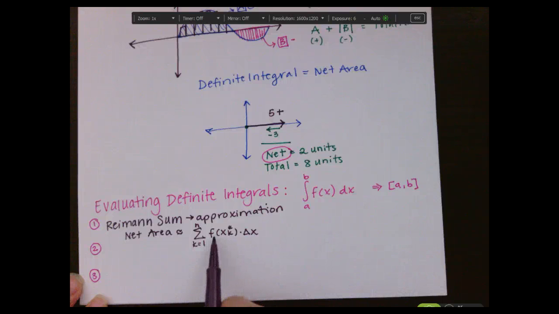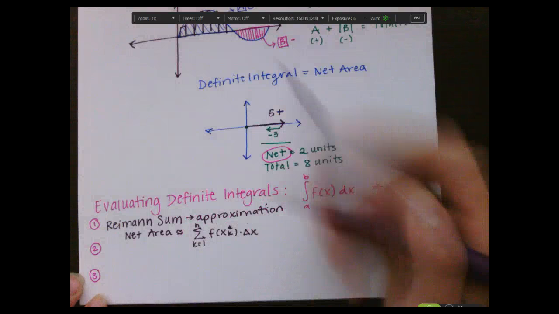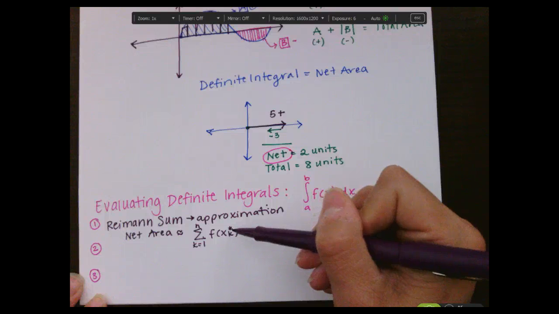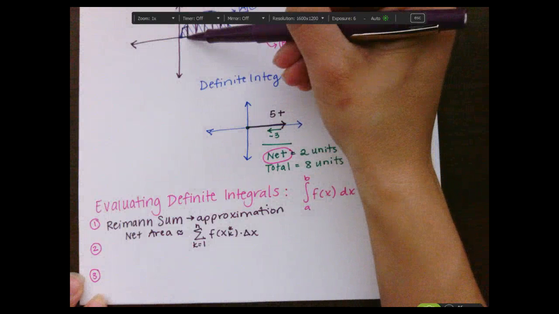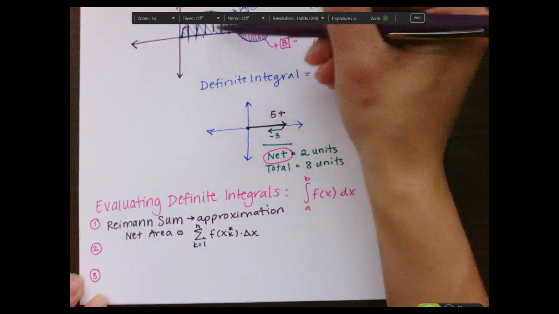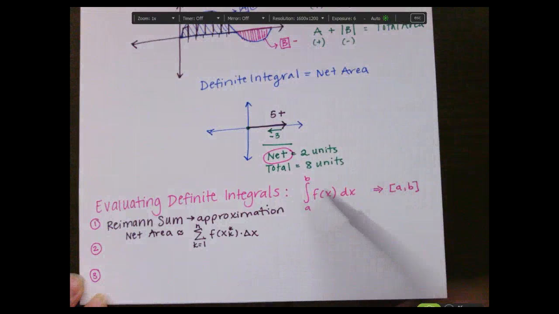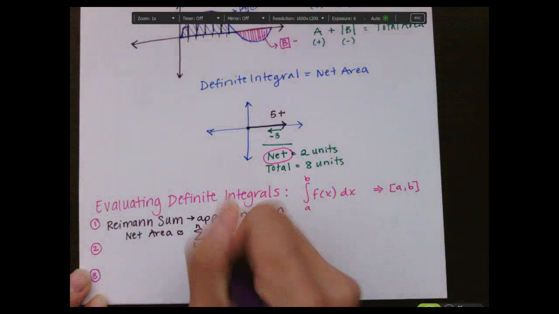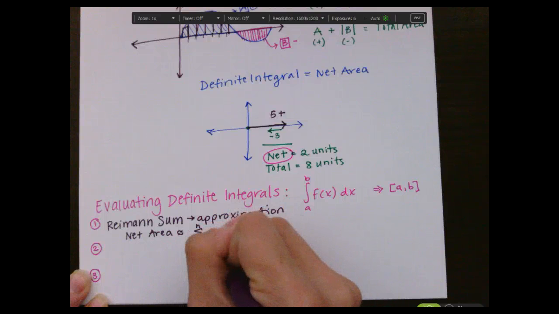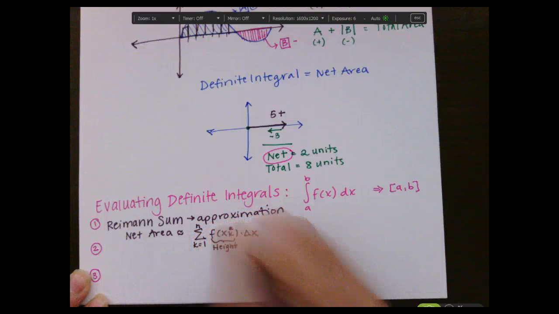So this basically describes taking all of the grid points, x sub k star. We take every grid point and evaluate it by plugging it into the function f. These are going to give us the heights of all of our rectangles.